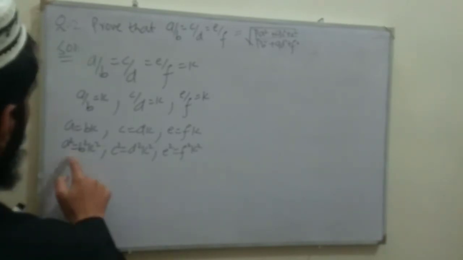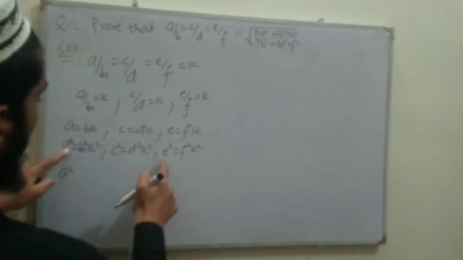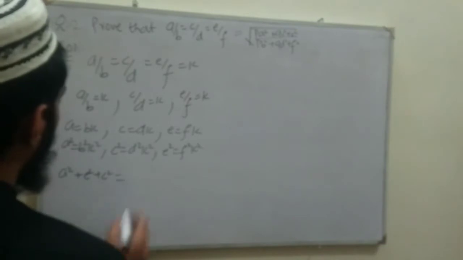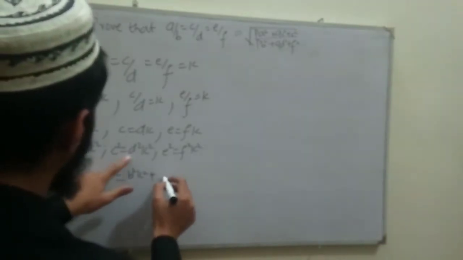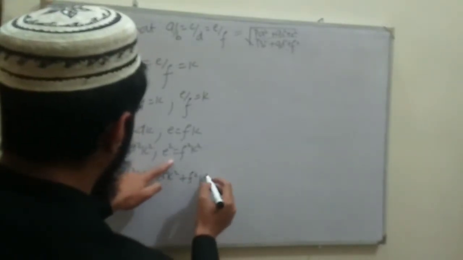So adding these equations, a square will be added with e square and c square, will be equal to b square k square plus d square k square plus f square k square.